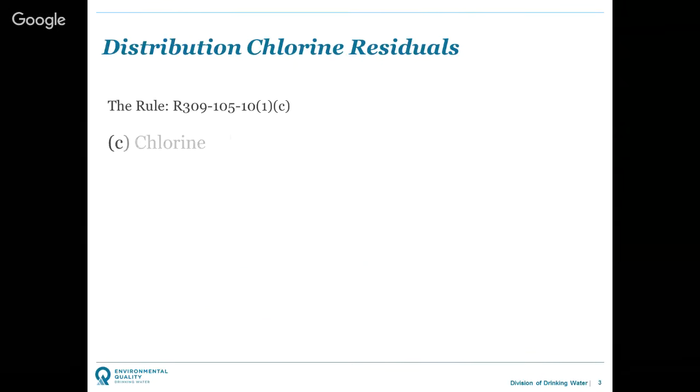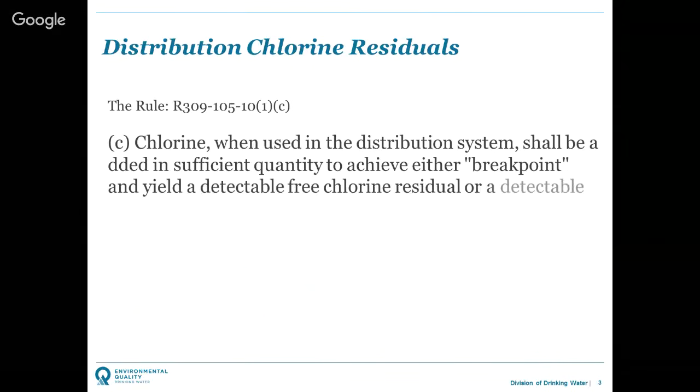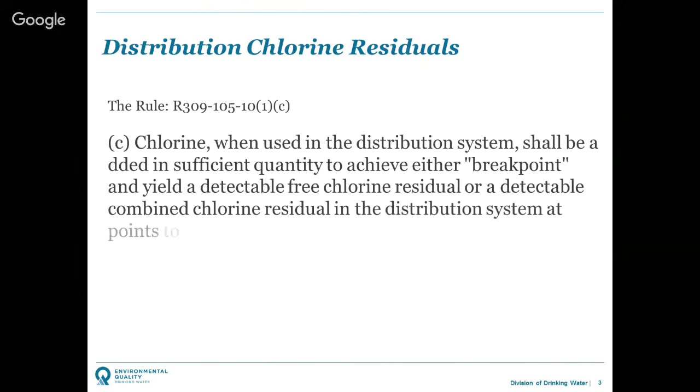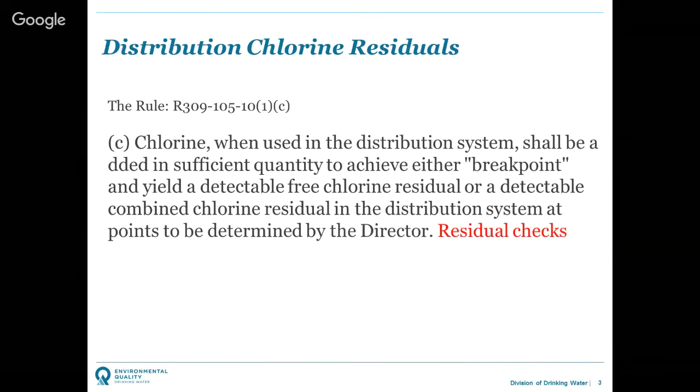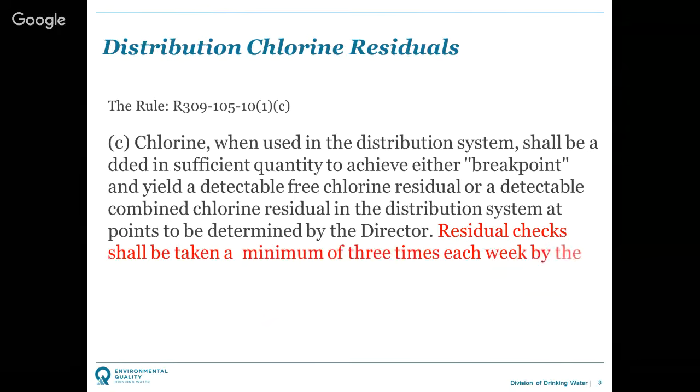The rule itself looks like this. It's kind of long. What the rule says is that you need to have leftover chlorine. When you're adding chlorine to the distribution system, you shouldn't be getting residual readings at zero. You should have some sort of leftover or detectable chlorine residual in the distribution system.